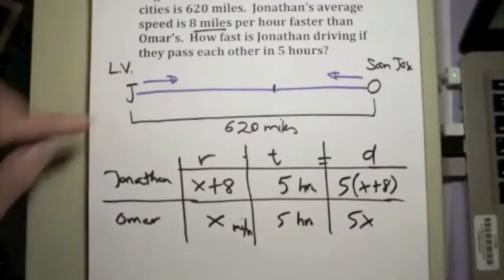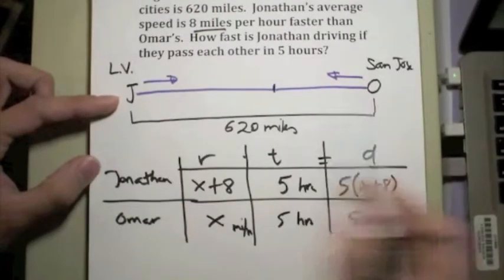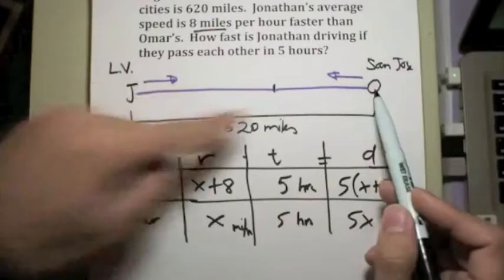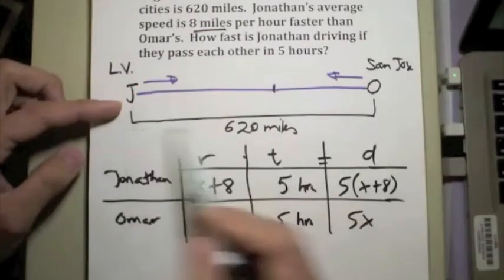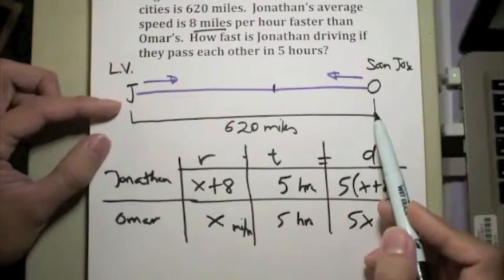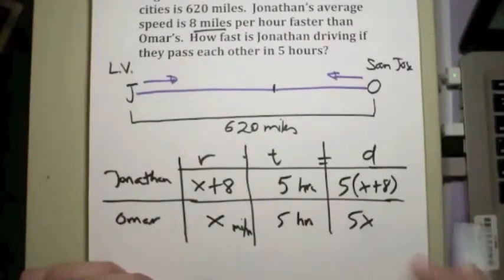Now, if you refer back to this picture right here, notice that the distance Jonathan covered and the distance that Omar covered will give you the total distance between the two cities, which is 620 miles. So that should prompt you to add these two together.